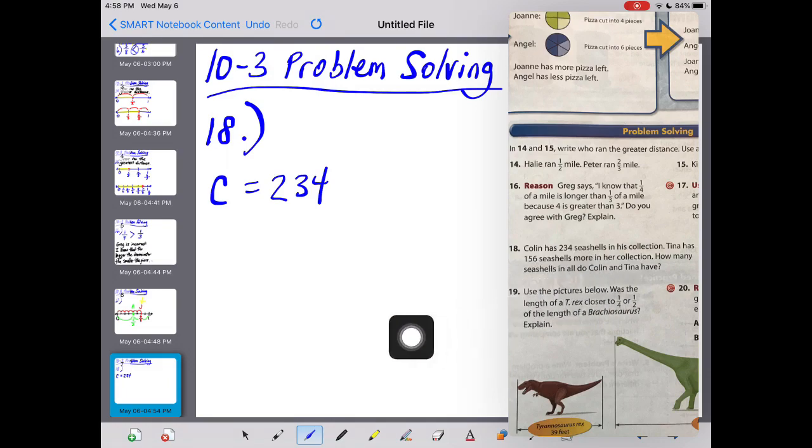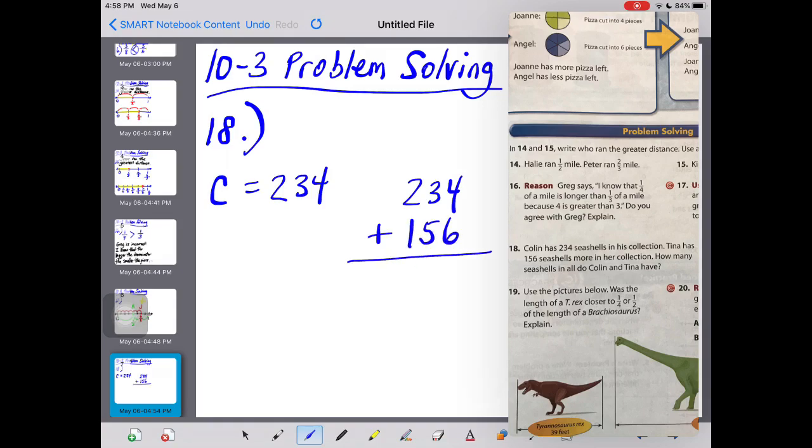So more than Colin. We don't know for sure exactly how much Tina has yet. But we do know that it's 156 more than Colin. So what we're going to need to do is take Colin's seashells and add 156 more to that to find out how much Tina has.